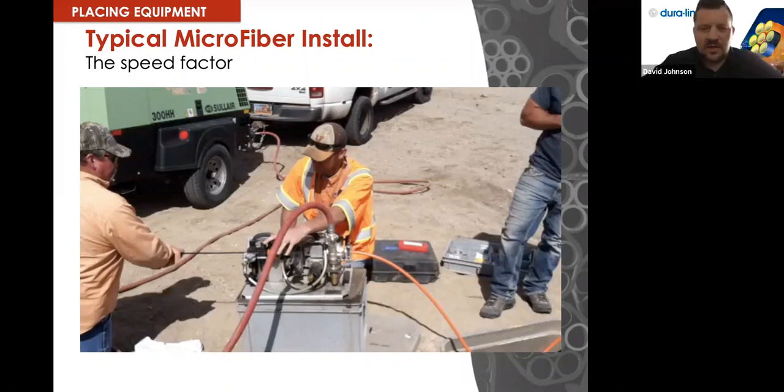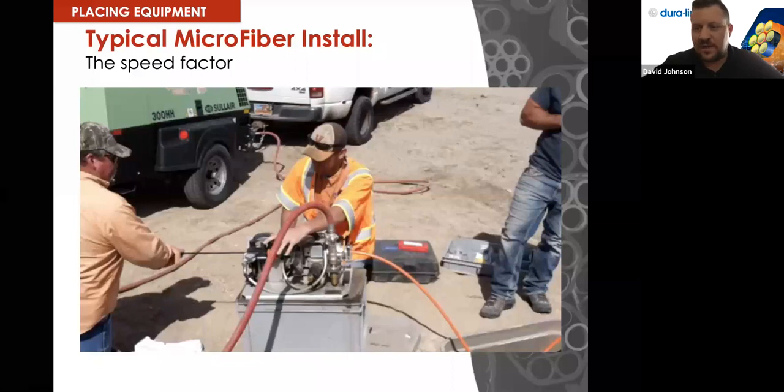So basically that's just showing the process that you can go pretty fast with those machines. Yeah, so I have a video here, and like you mentioned, this video's here to show you the speed factor, but maybe we'll have to share this with you as a follow-up due to time constraints. We've still got quite a bit of stuff we want to cover, but as Frank mentioned, your typical speeds out in the field are going to be somewhere between 200 to 300 feet a minute, and if you're doing a mile, that's 15 to 20 minutes for a mile's worth of placing fiber, which is very awesome.